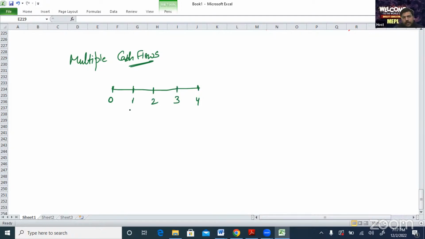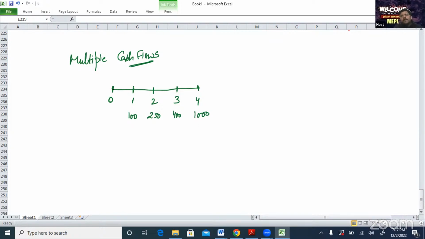I say कि मुझे 1 year के बाद 100 rupees चाहिए, second year के end पर I want 250 rupees, third year के end पर I want 400 rupees, and fourth year के end पर I want 1000 rupees. So at the end of year 1, I want 100. At the end of year 2, I want 250. At the end of year 3, I want 400. And at the end of year 4, I want 1000.